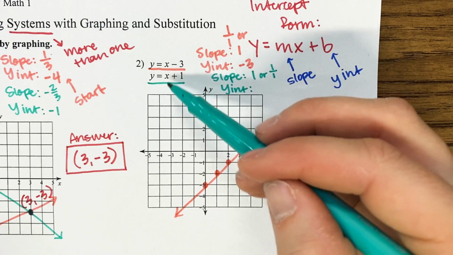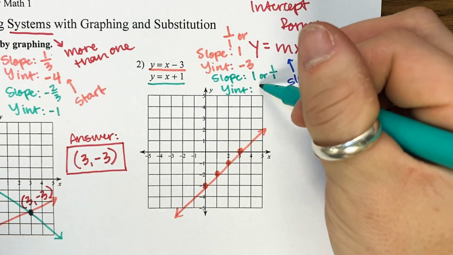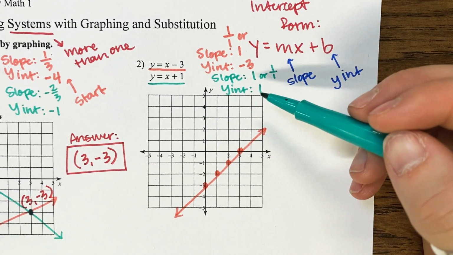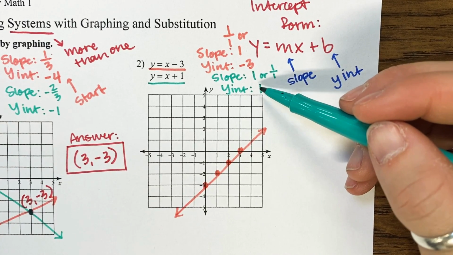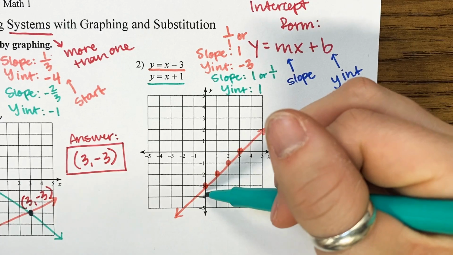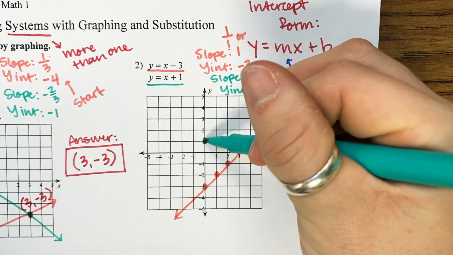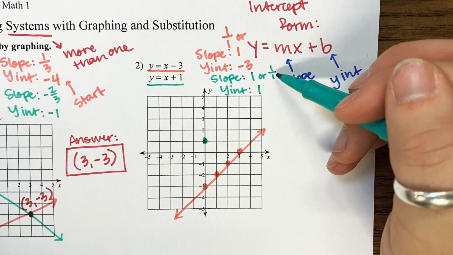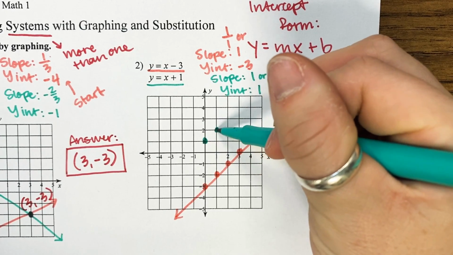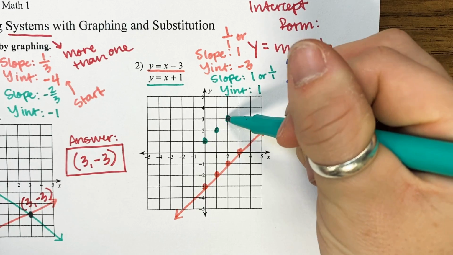Okay, and then what's our y-intercept? That's also 1. Which one do we start with when graphing? Okay, we start with our y-intercept, so at +1, so find +1 on your y-axis, right there. And now our slope again is up 1 and over 1. So up 1, over 1. Up 1, over 1.